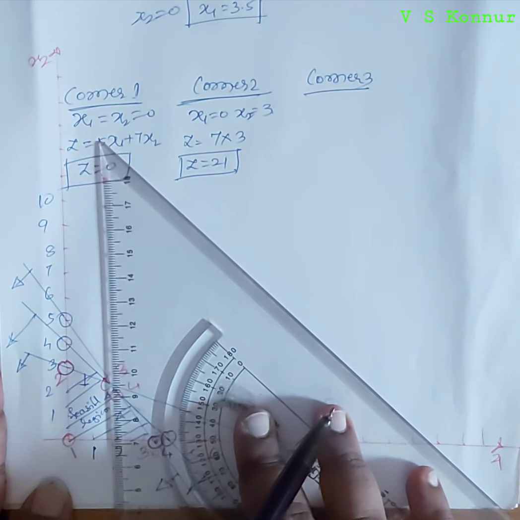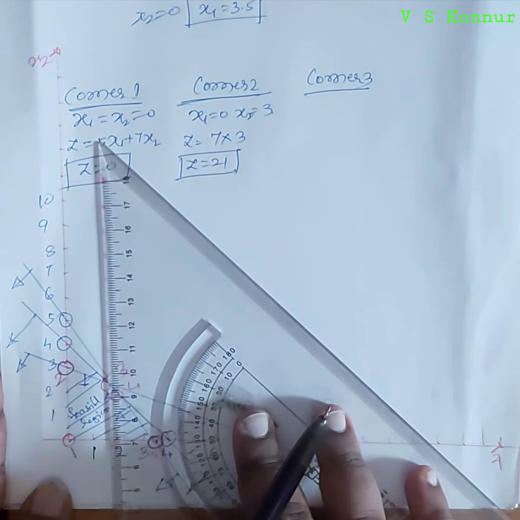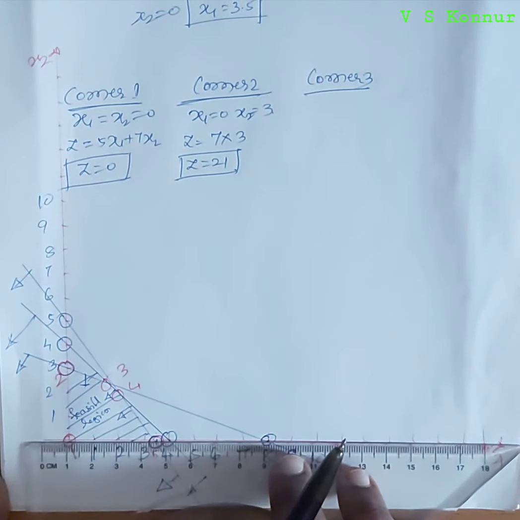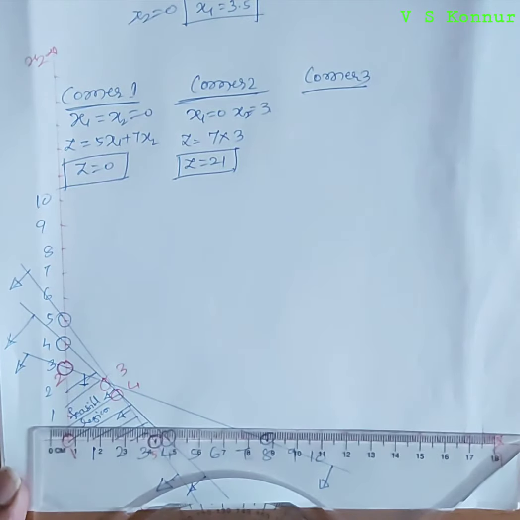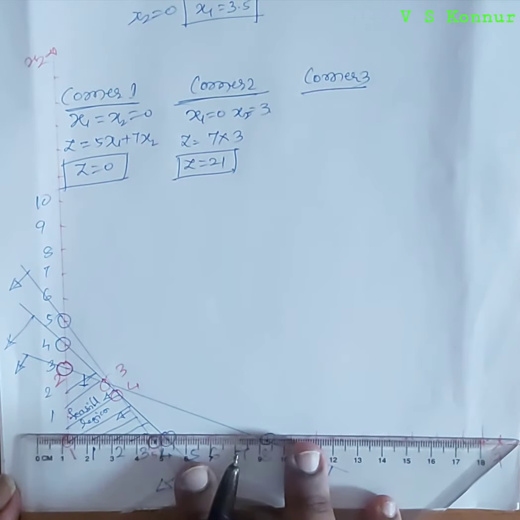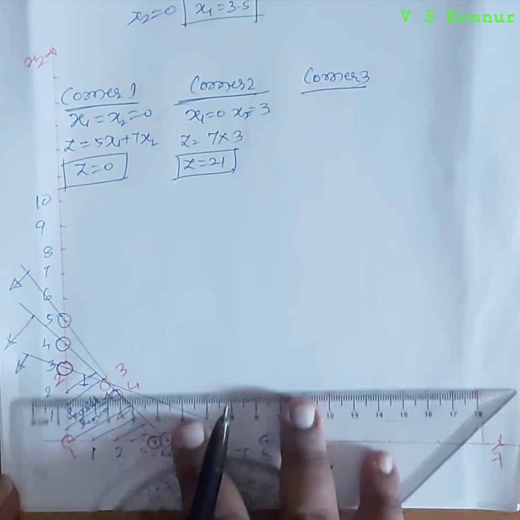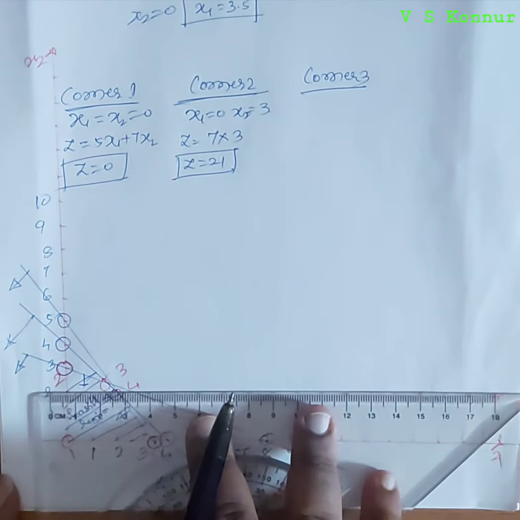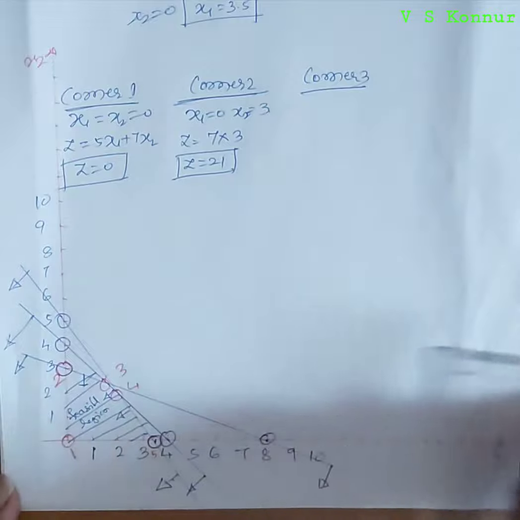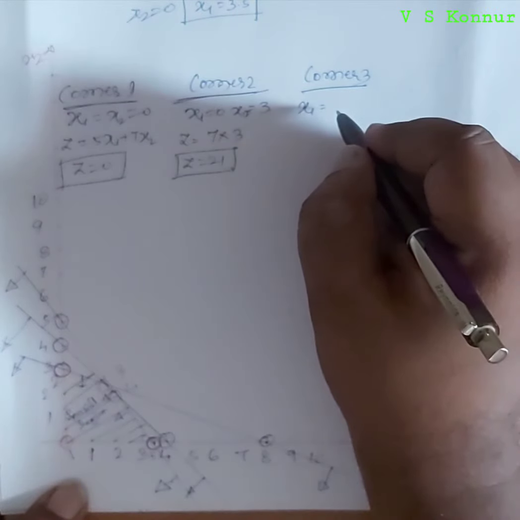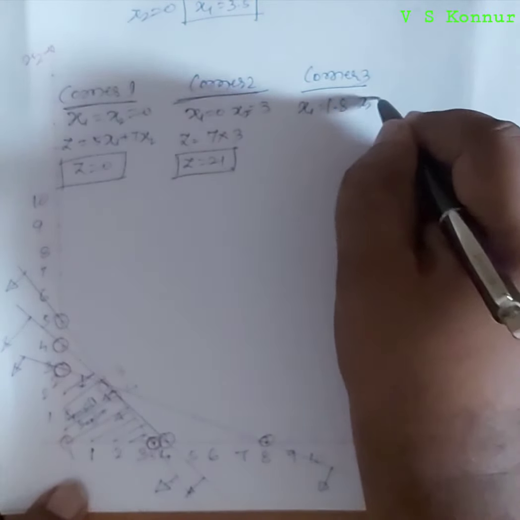This is the point, and we will get around x1 is equal to 1.8, x2 is equal to 2.4.